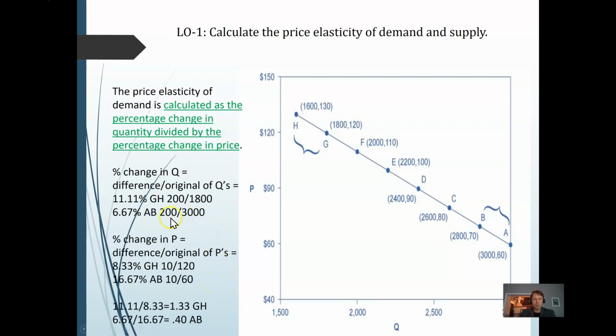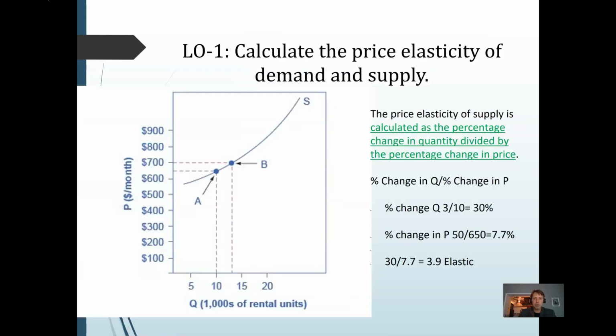And now I can compare the change in quantity with the change in price from G to H. That's listed here. I can do the percent change in quantity and the percent change in price for A to B. That's listed here. And so you could practice those calculations and make sure I actually did them correctly myself.